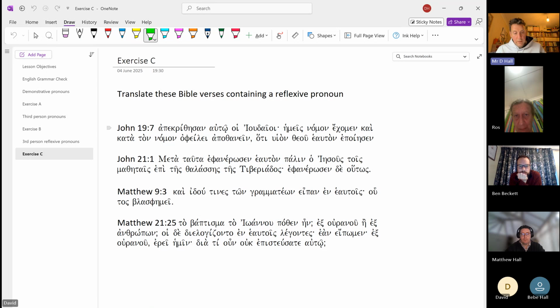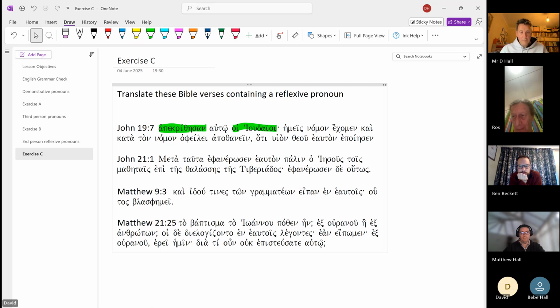So it says hoi Ioudaioi, which is the Jews. So the Jews answered him, and this is autō, which is to him. So we've been meeting this, haven't we? So we'll write a few words above it.